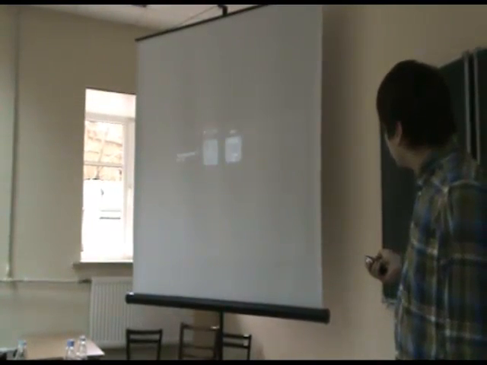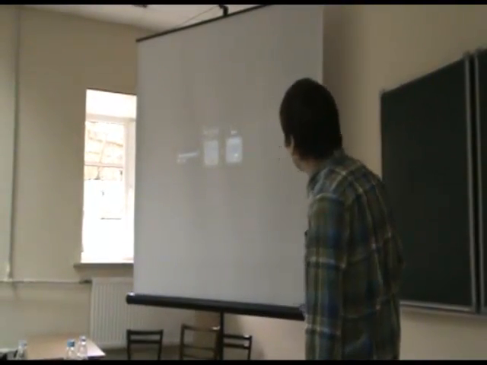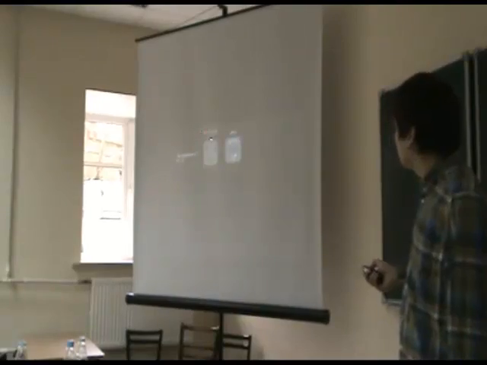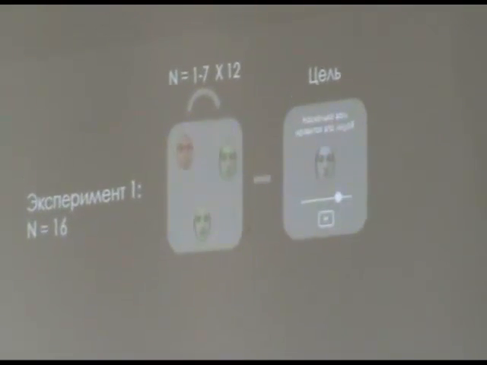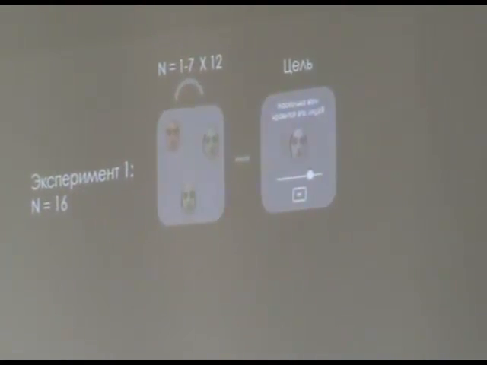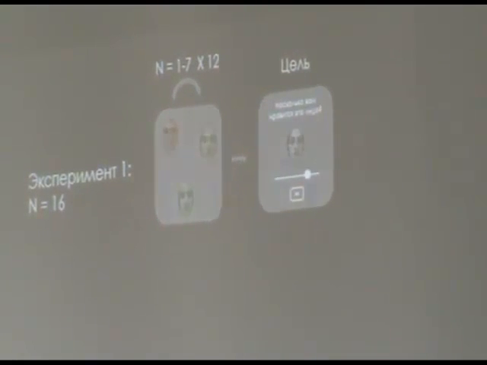And here is the design of the first experiment. So we have strips of length from 1 to 7. There were 12 examples of each strip, and some of them ended in the same target color, and for some of them the color of the target was changed from the last trial of the strip.